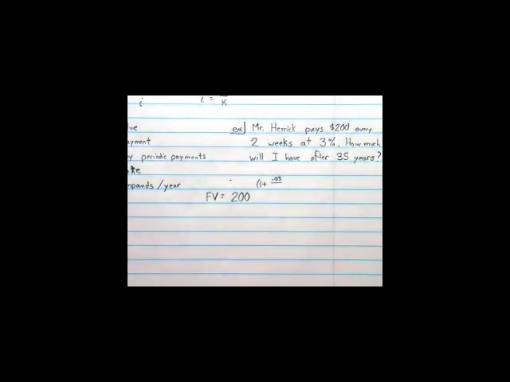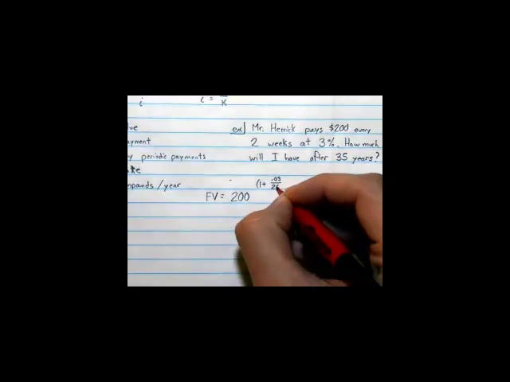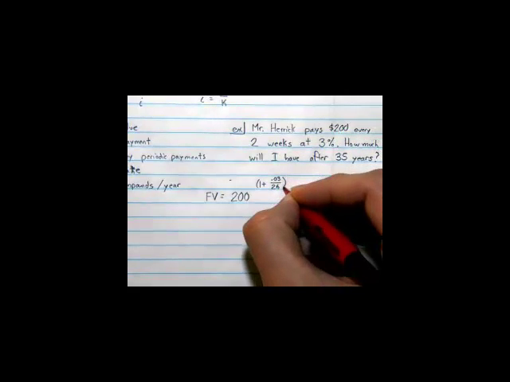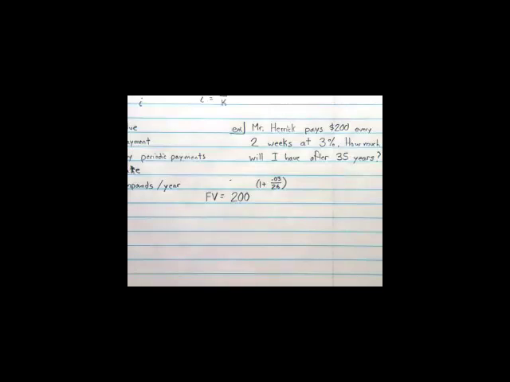If I'm investing every 2 weeks, that's 26. So this should be 26. And then to the n, but n is how many total periodic payments? It's not just 26. It's 26 times 35. What is it? 910.